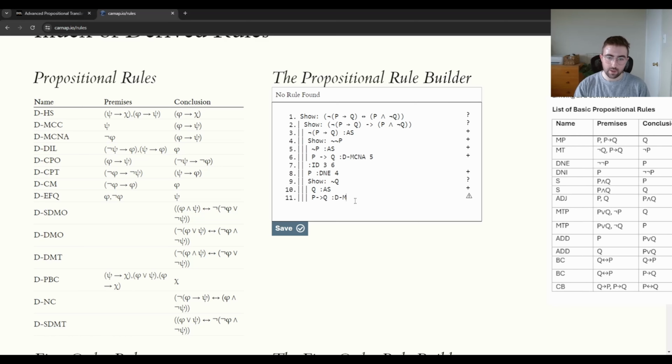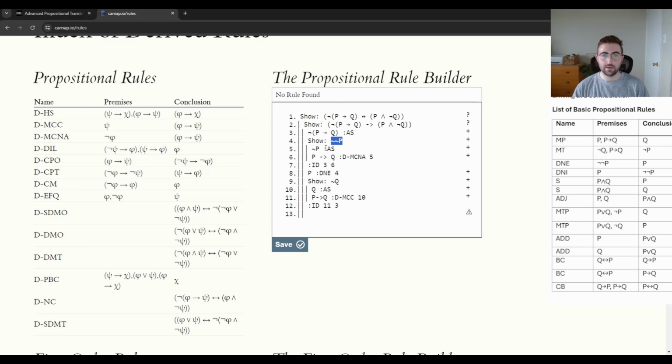So D-MCC on line 10, right? We have P arrow Q. But again, that contradicts what we have up here, our not P arrow Q. So that's going to give us not Q. You know, you assume Q, you get a contradiction, so you get not Q. And the contradicting lines are 11 and 3.